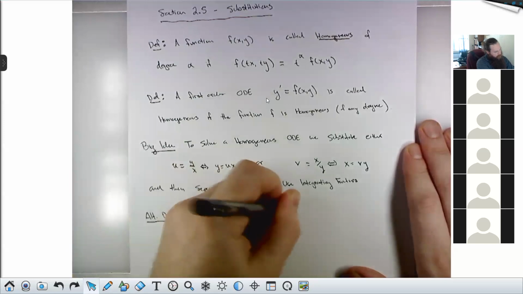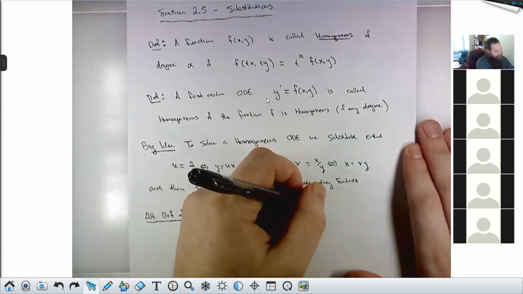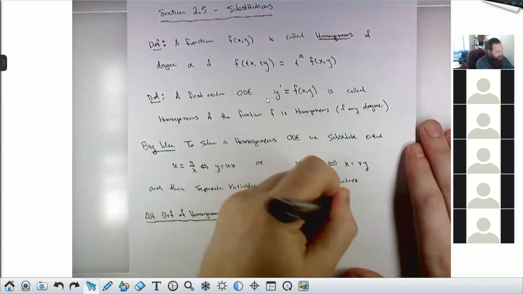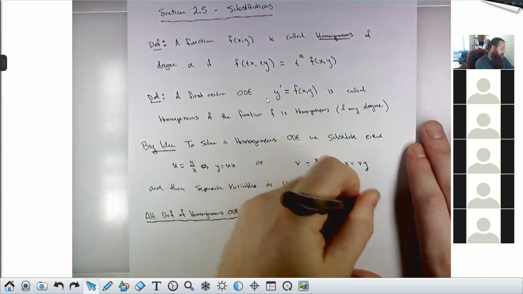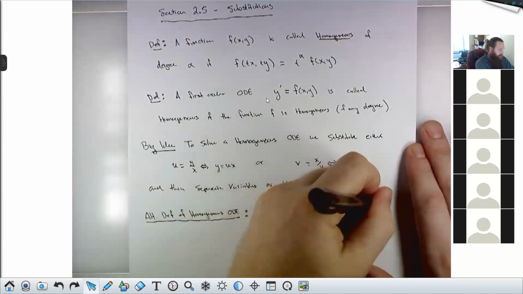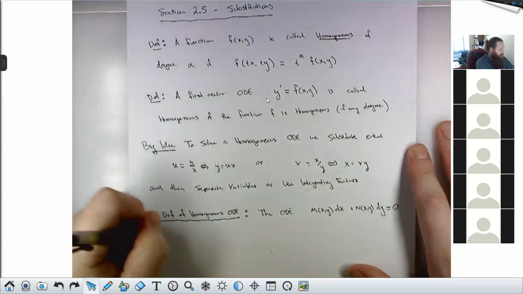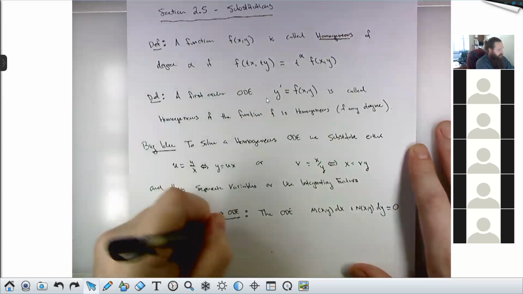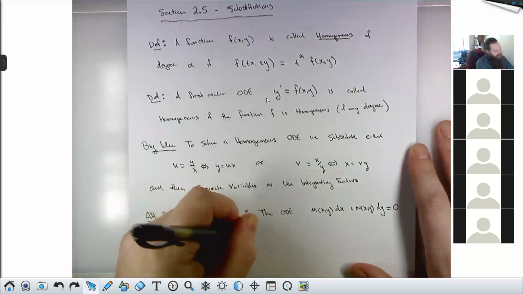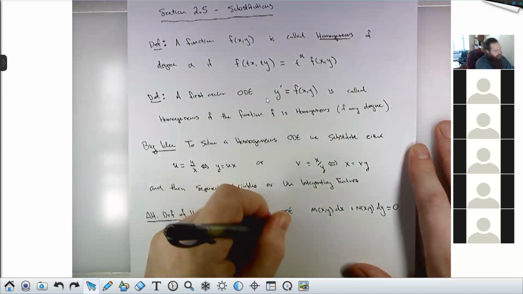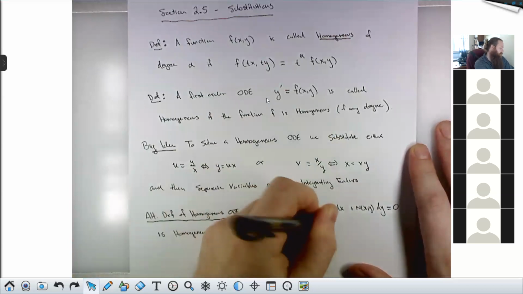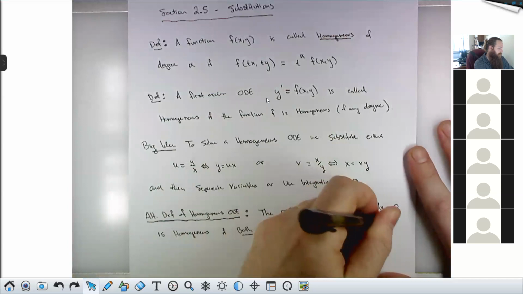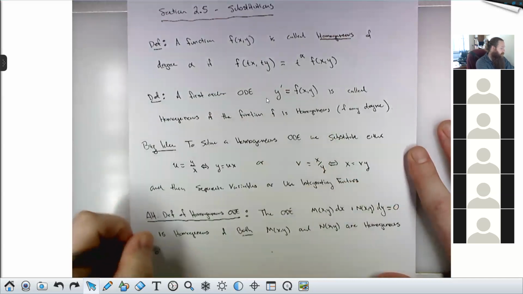The ODE in differential form, M of x,y times dx plus N of x,y times dy equals 0, is homogeneous if both M of x,y and N of x,y are homogeneous of the same order.